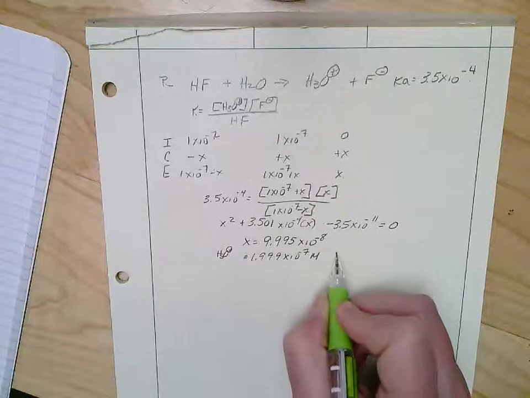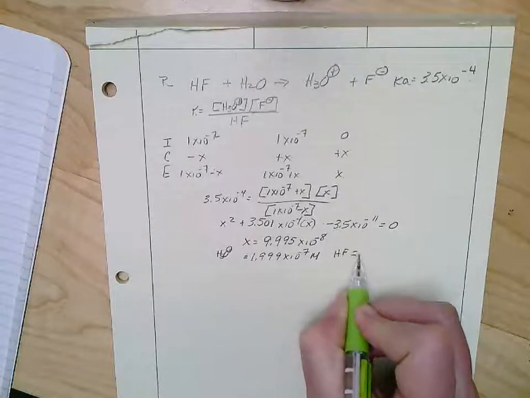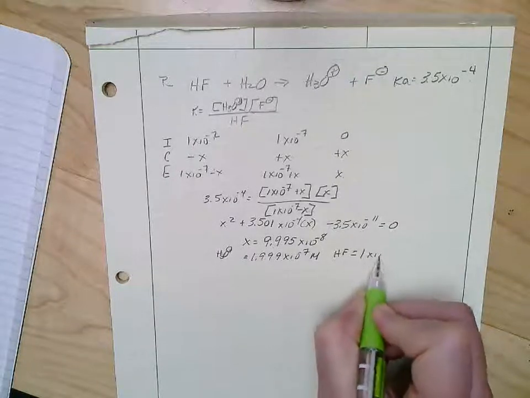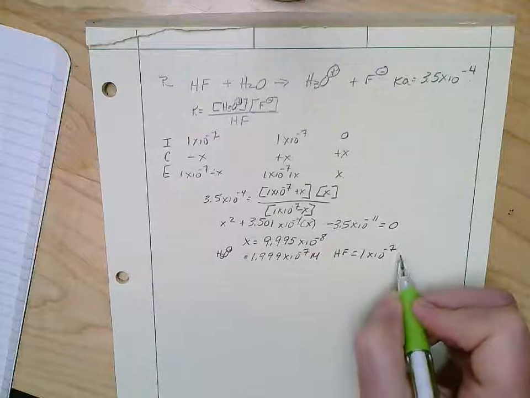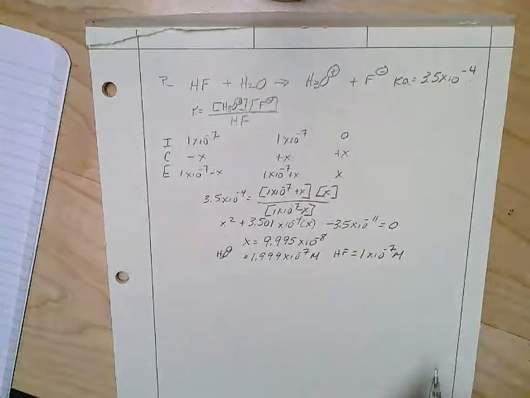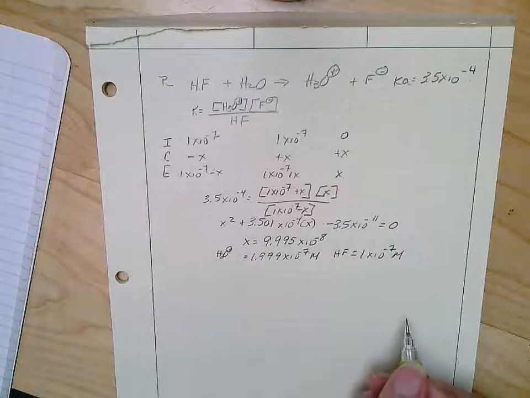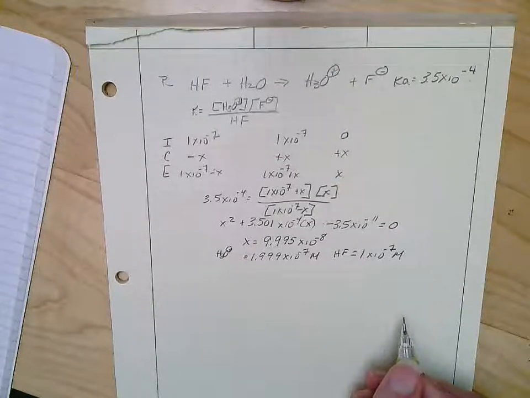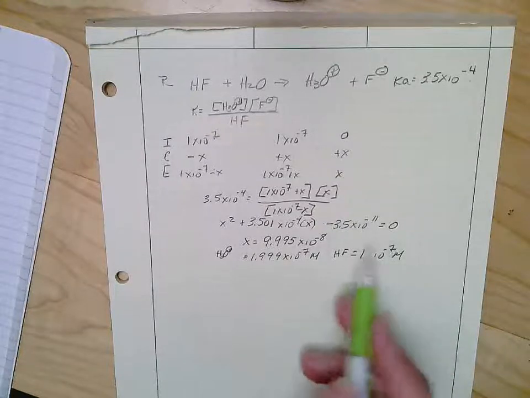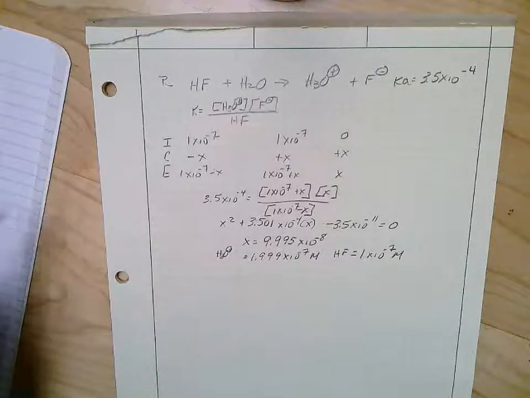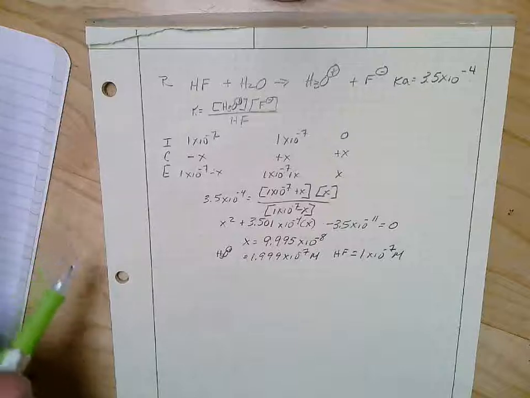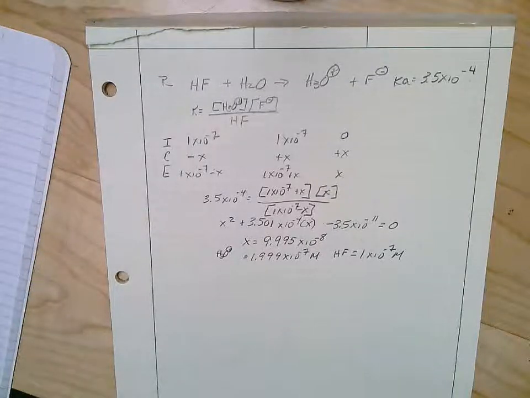And we know that the HF concentration was 1 times 10 to the negative 7th molar. So now you have your first point. You're going to continue this idea at various concentrations, and you're still going to have to worry about the quadratic for at least a couple more concentrations. I would use the quadratic throughout.